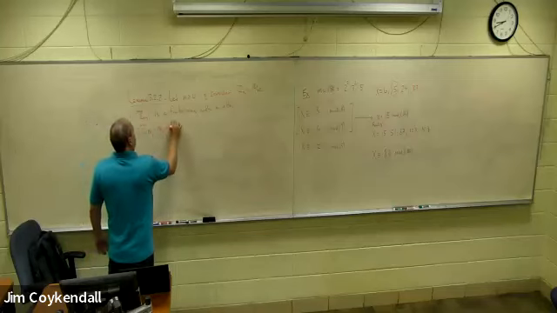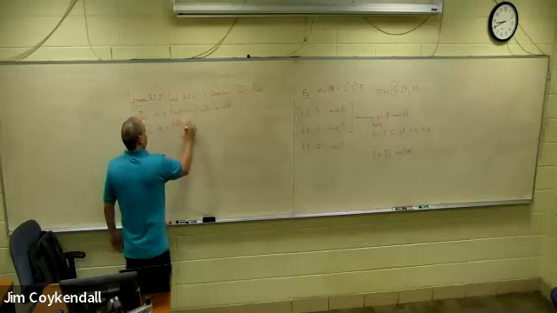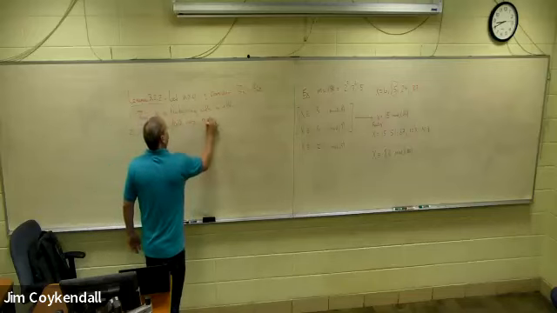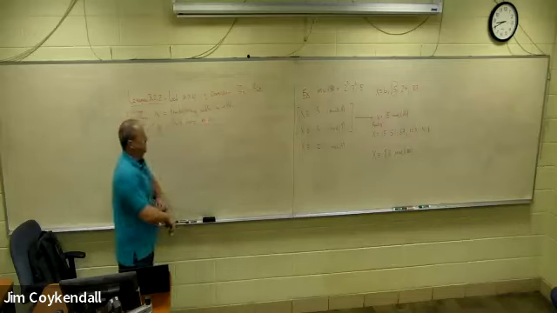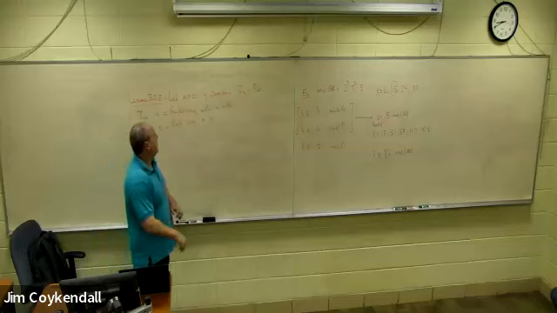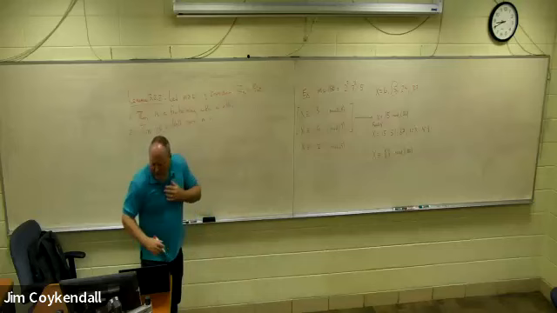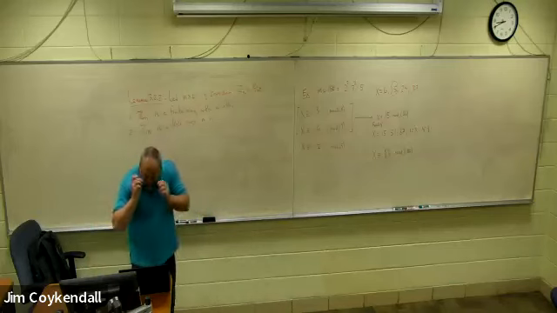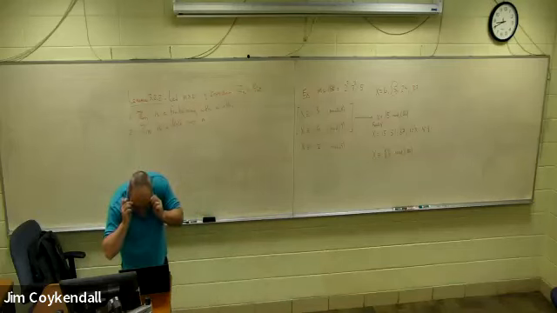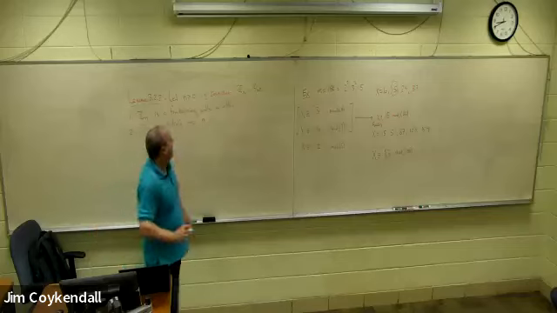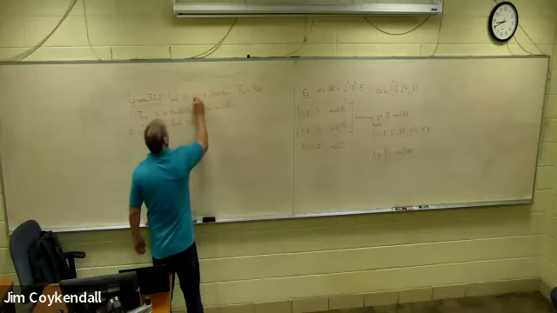Zn is a field if and only if n is, actually, let me see here. N is bigger than 1. I'm going to change this.